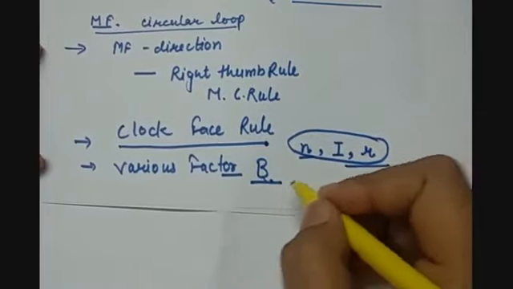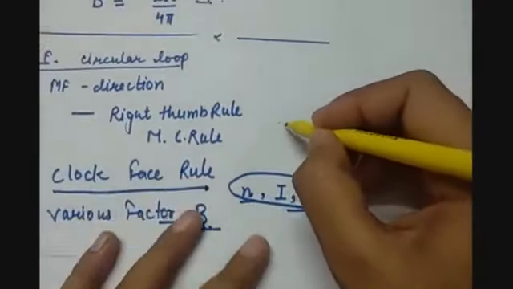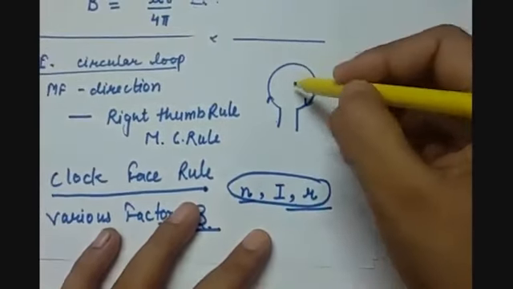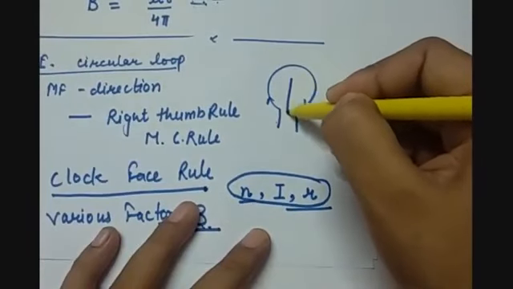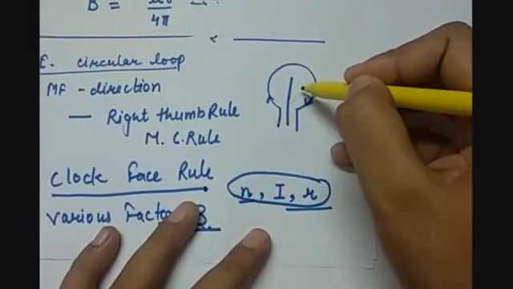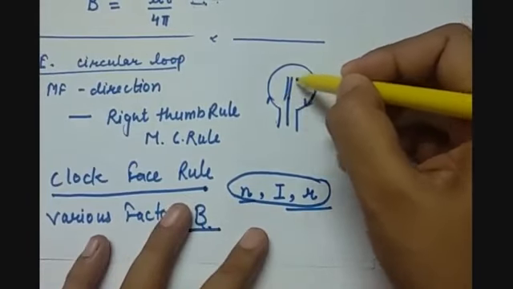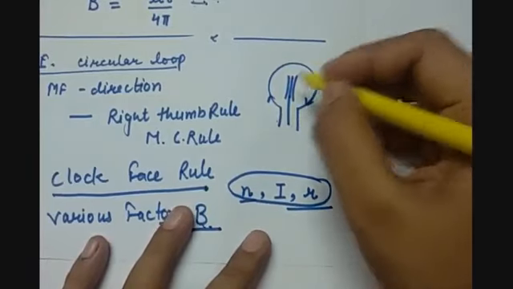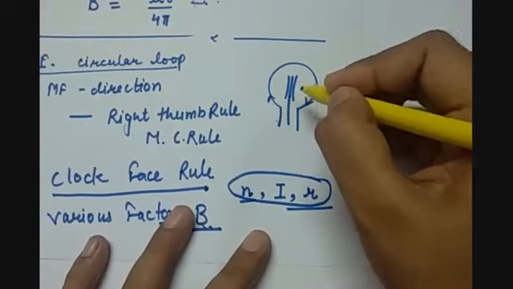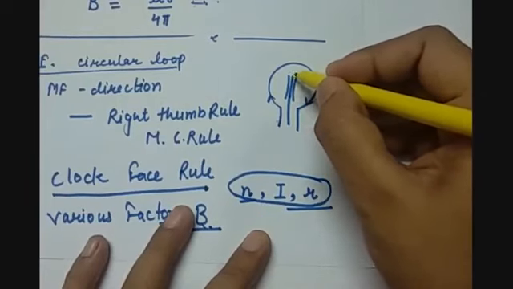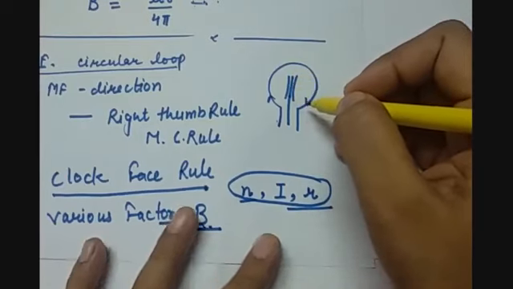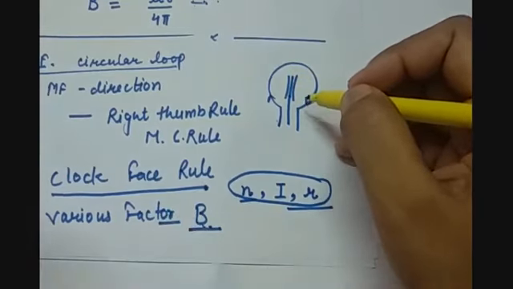We have also seen that in the case of a circular loop, the magnetic field at the center of the circular loop is maximum and uniform, as the concentric circles are large enough that they are parallel to each other, so they behave as a uniform magnetic field.